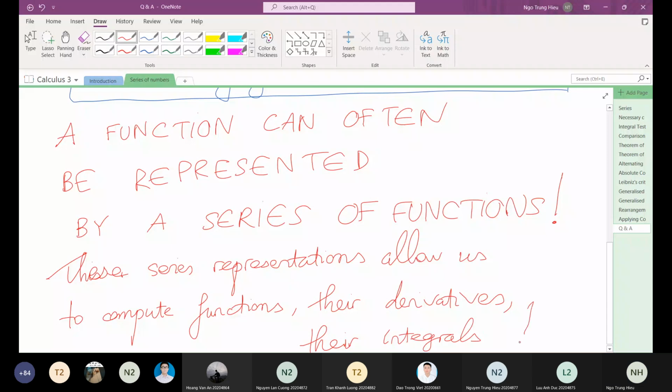So this is a very important application of series.